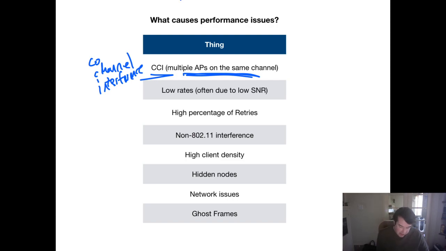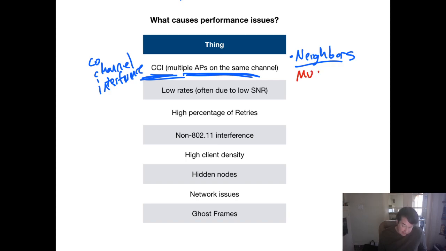But I also didn't show you neighboring networks. This restaurant that I was at is in the city of Los Angeles, where I live. It is in a densely populated enough area where the issue could have been other devices on the same channel, causing co-channel interference. With the CCI thing, though, it's a little bit tricky because of the nature of ghost frames.